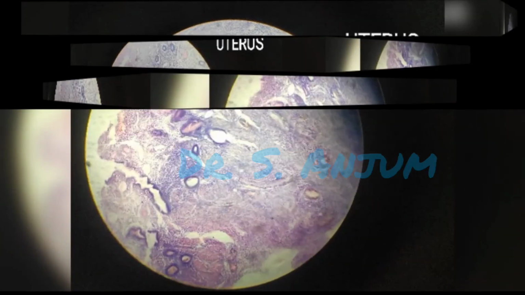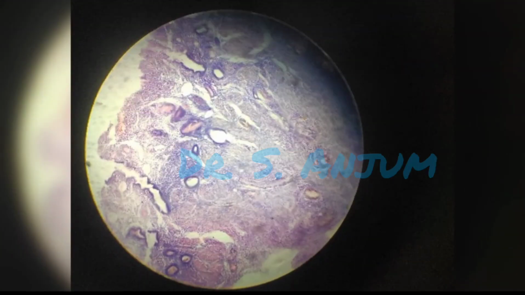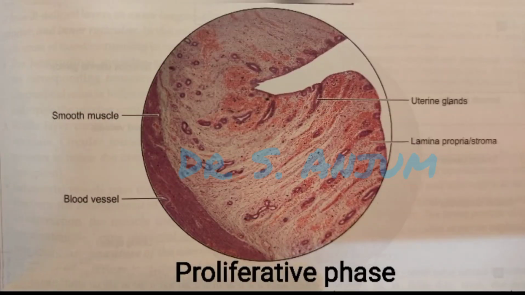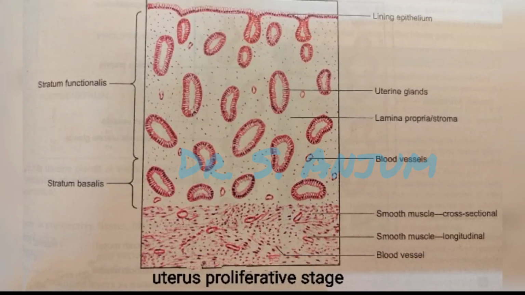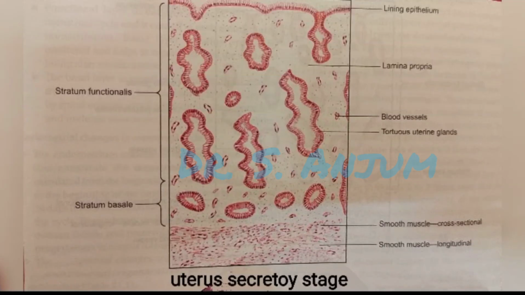The spiral arteries are less coiled and don't reach the superficial part of endometrium in proliferative phase, while in secretory phase the spiral arteries are coiled, screwed and reach up to the superficial part of endometrium. In proliferative phase, the stroma is highly cellular and non-edematous, while in secretory phase, the stroma is highly vascular and edematous. The lining epithelium in both phases is simple columnar epithelium.